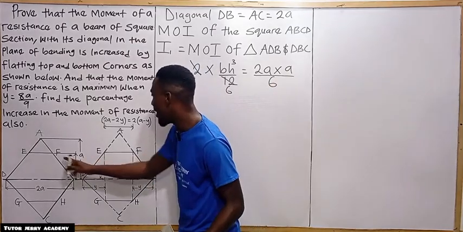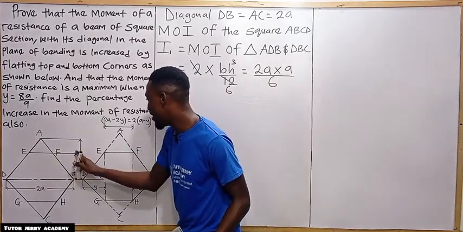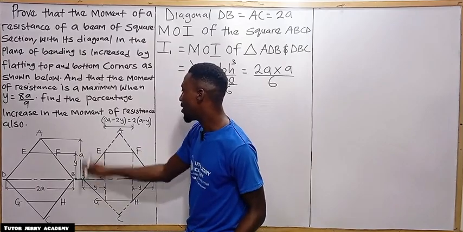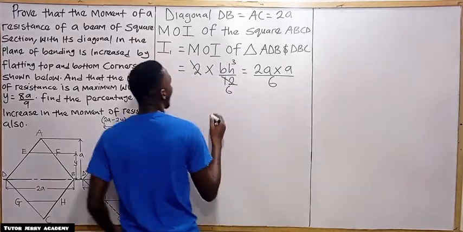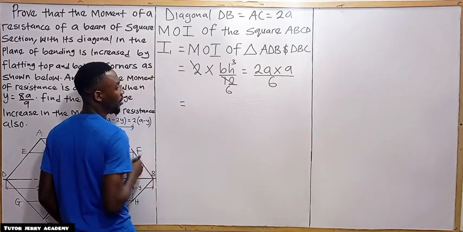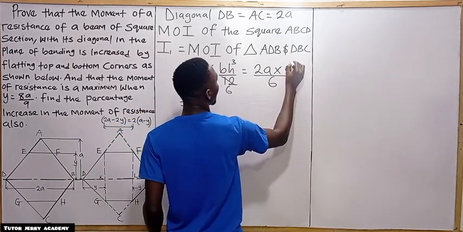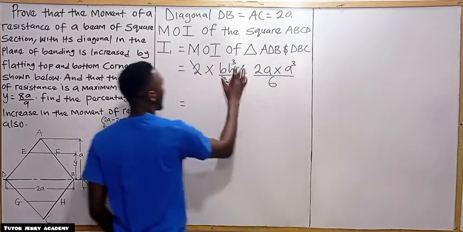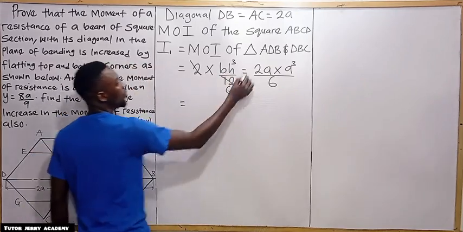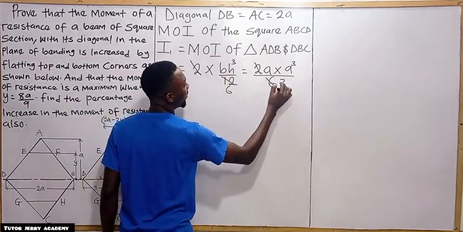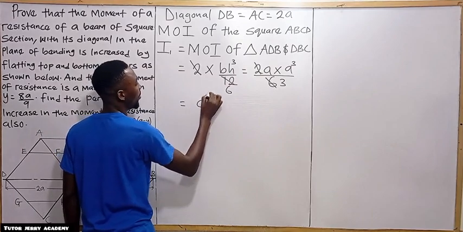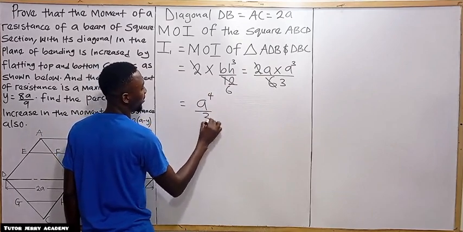You can see the height from the cutoff to the neutral axis is y, and the depth of the triangle is A. Sorry, I did not put the cube on this; it is supposed to be cubed. So 2 over 12 gives 1 over 6, and we get A to the power of 4 over 3.